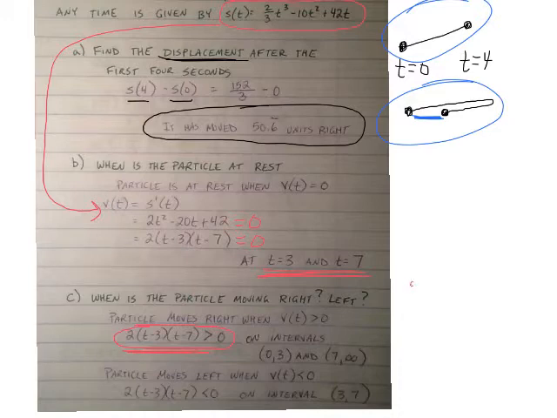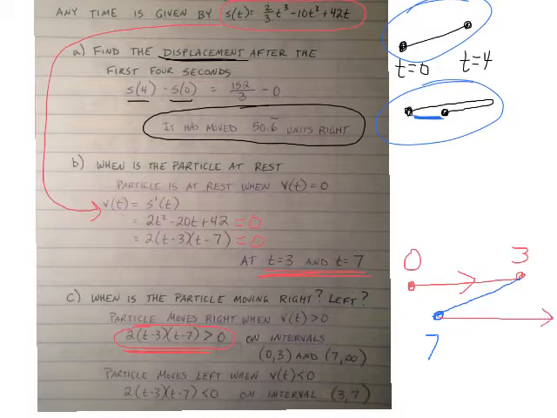So from time 0 to time 3, it's moving to the right, and then it's going to start coming back to some spot. Where it is, we don't know, but at time 7, it's going to start moving to the right again from 7 to infinity.